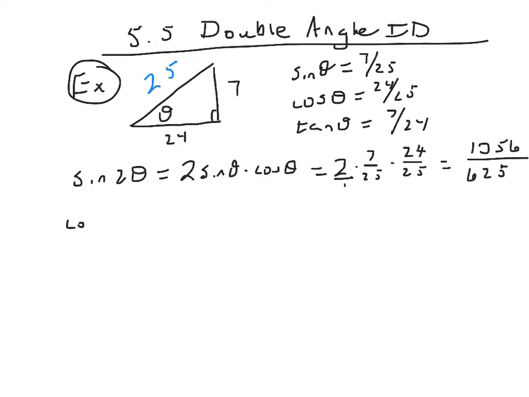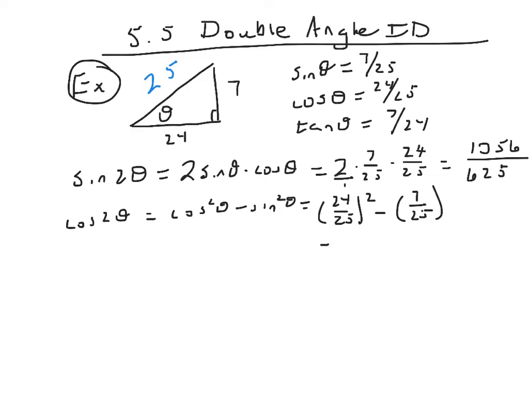To find the cosine of 2 theta, now that's one where you have a few different options. You have 3 to pick from. I'm just going to pick the first one, which is cosine squared theta minus sine squared theta. Well, cosine was 24/25, so I've got to square that, minus sine was 7/25, so I have to square that.